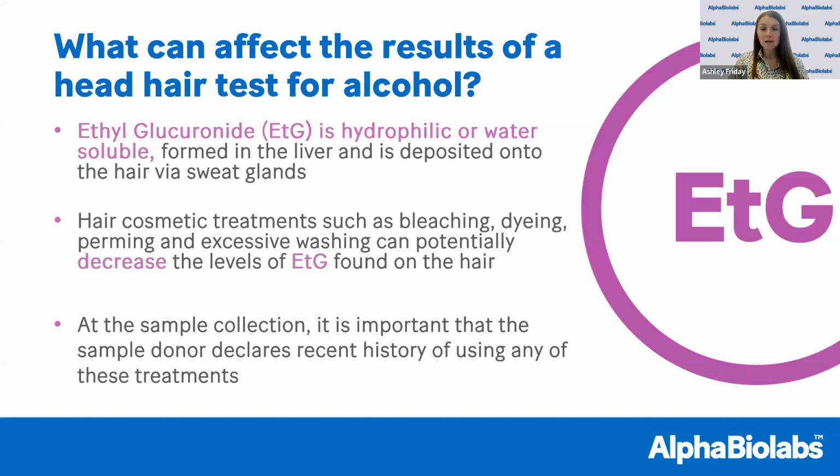This is why we would always ask this question at the point of collection. When we take the sample, we go through a series of questions, which include any cosmetic or heat hair treatments that have been used during the testing time frame, so that, as Sam said, they can be taken into consideration when writing a report.